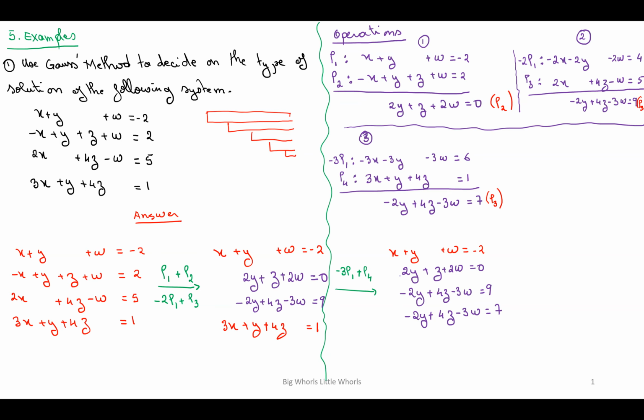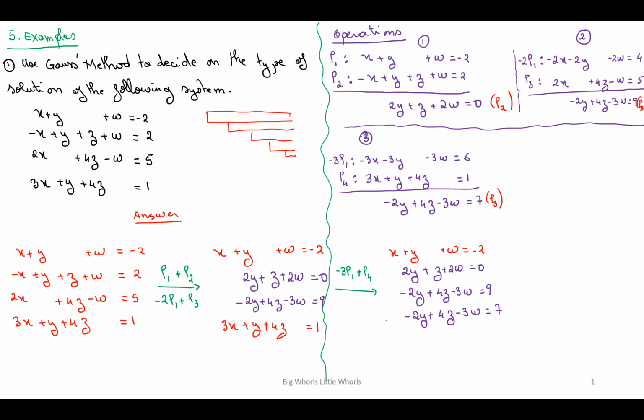So in our new row 2, row 3, and row 4, we no longer have a term in x.